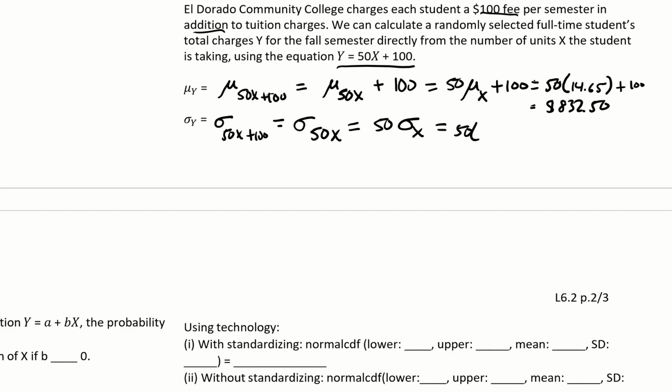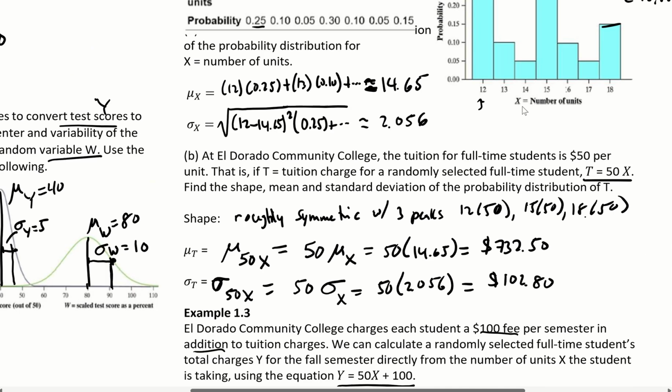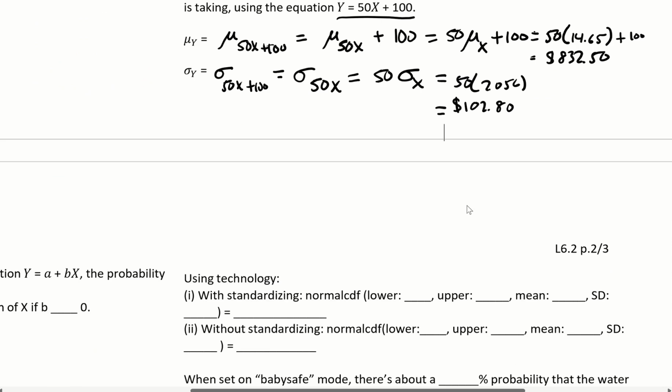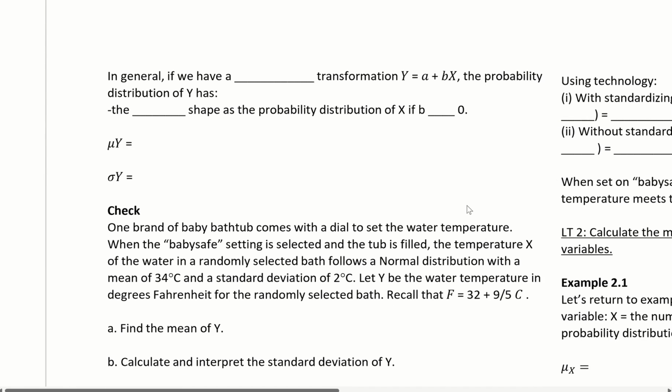So we get 50 times 2.056. So again, it's the same result that we had in the other problem. Okay. So the standard deviation doesn't change from this, but it did change from what it originally was, of course. All right, guys. So those are the different operations.